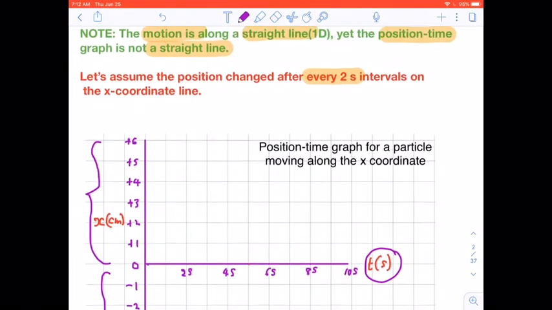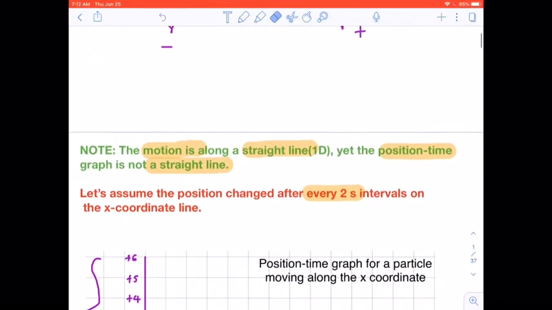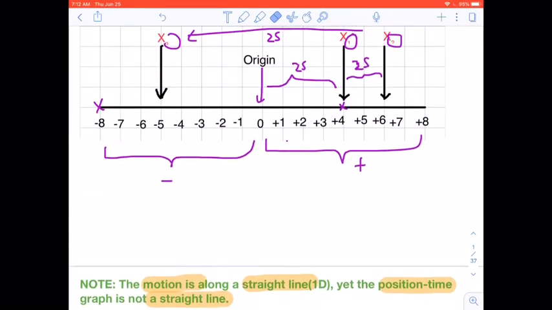Now let's represent that. Here we have x1, and it is at plus 4. x2 is at plus 6.